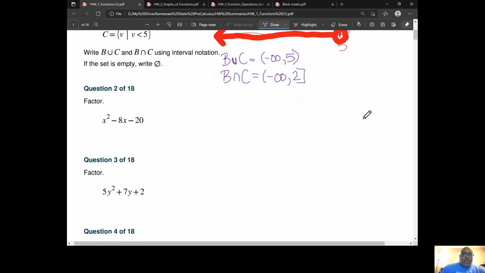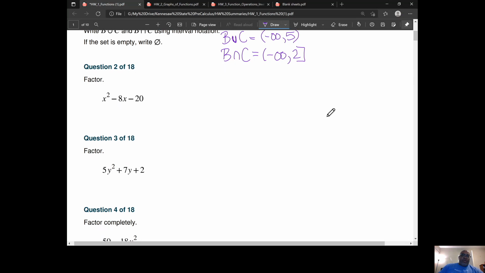All right. Problem number 2, factor x squared minus 8x minus 20. All right, there are a bunch of different ways to factor this. It's not just one. The way that I do it is similar to the AC method, which is what are the factors of negative 20?